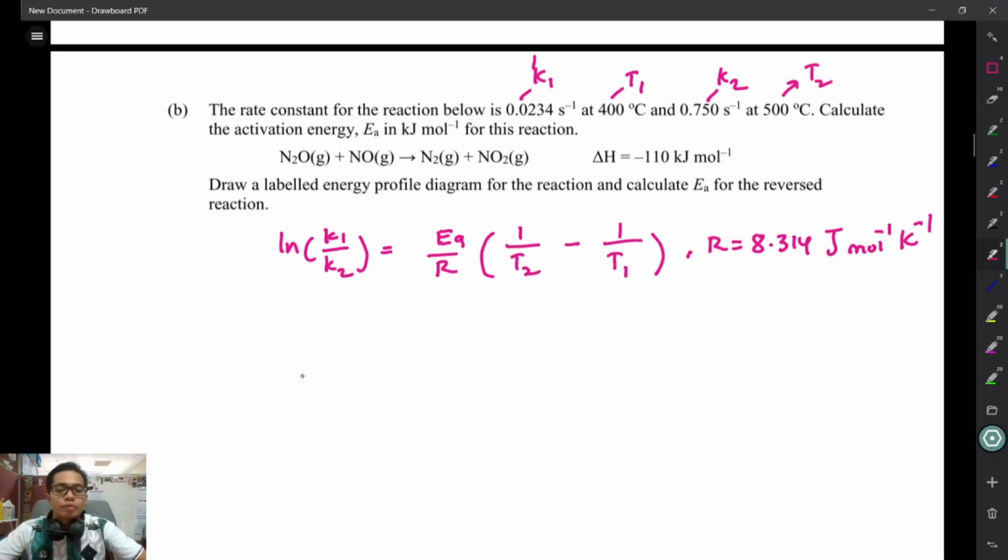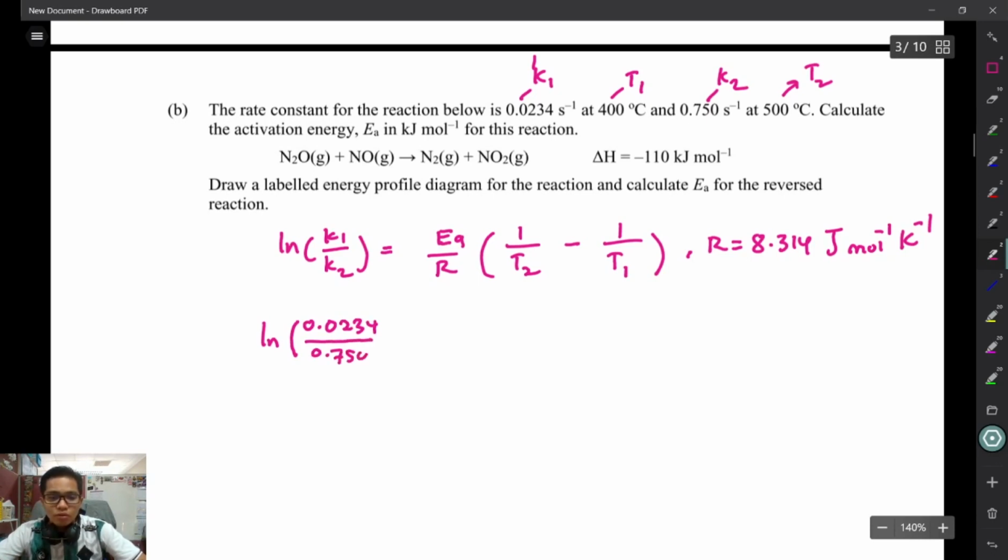So substitute the value. k1 is 0.0234, k2 is 0.750, equal to Ea, which we need to find out.